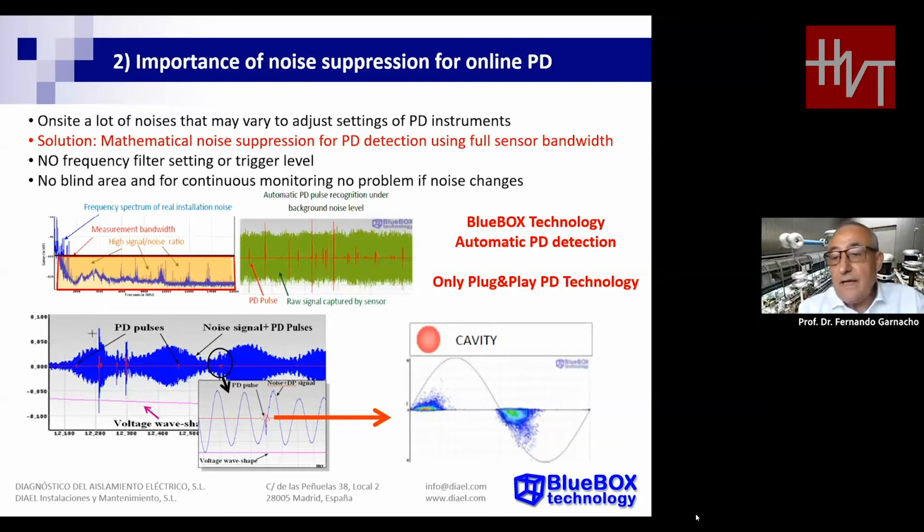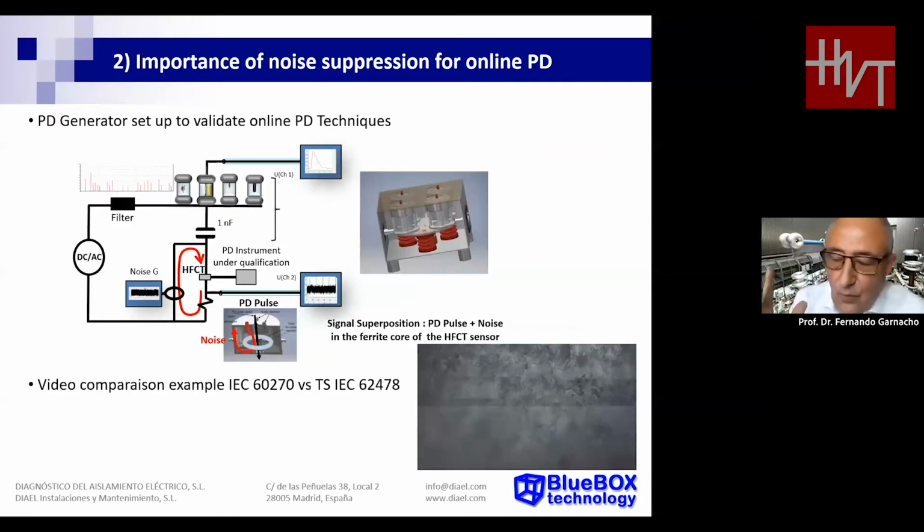In order to clarify these ideas, we have developed in a European project a specific testing setup in order to analyze the capabilities of the PD measuring instruments to remove the noise.